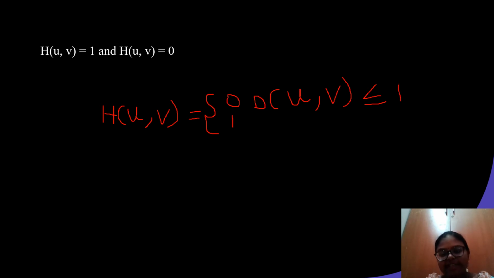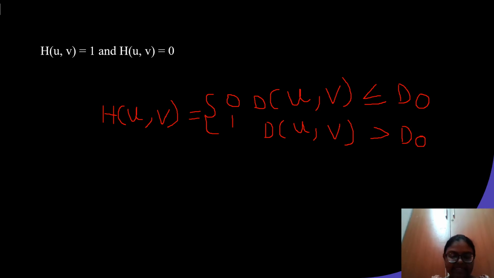You have to remember D naught because it will be helpful to derive these equations. I already said that D of u comma v is the Euclidean distance. This is one of the basic formulas for the ideal high pass filter.